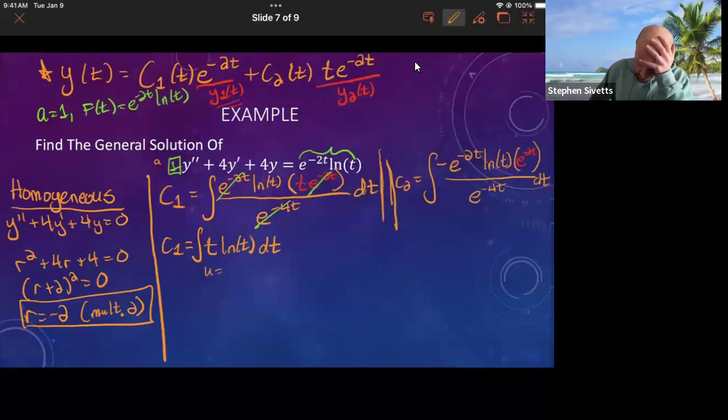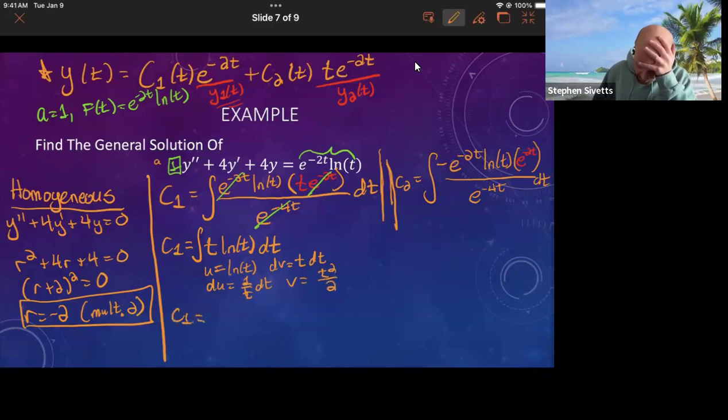So u is t, oh wait, u is ln of t. u is equal to the natural log of t, and then dv is t dt. du is 1 over t dt, and then v is equal to t squared over 2. Right?